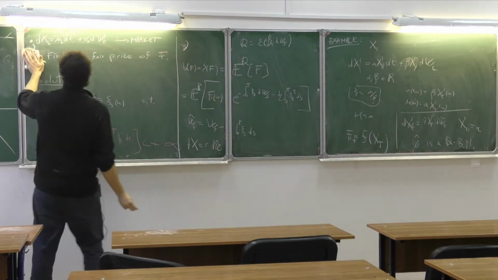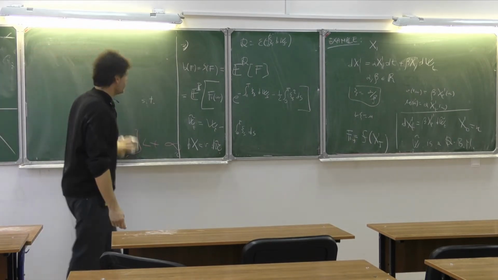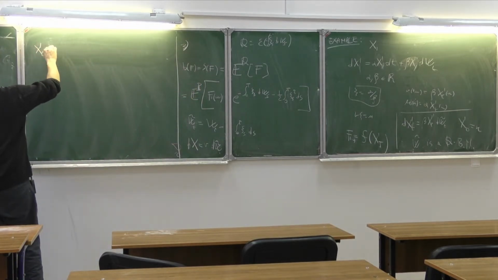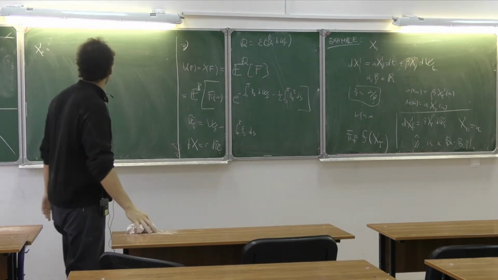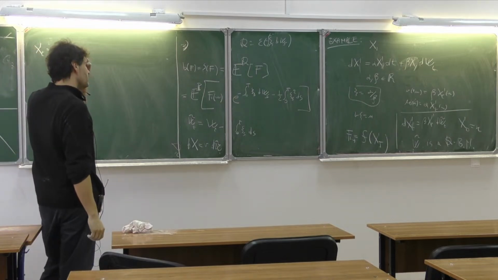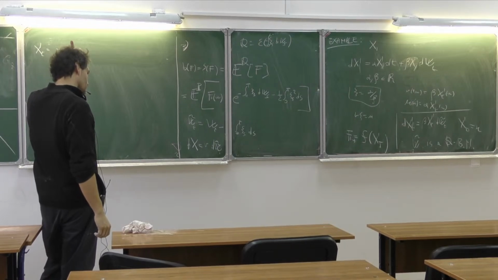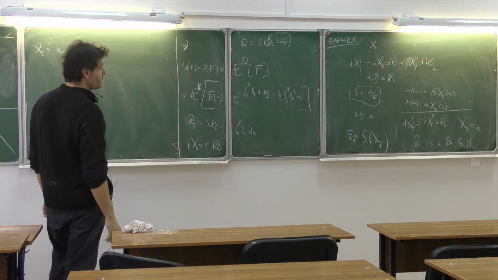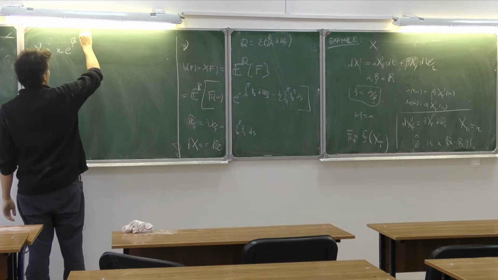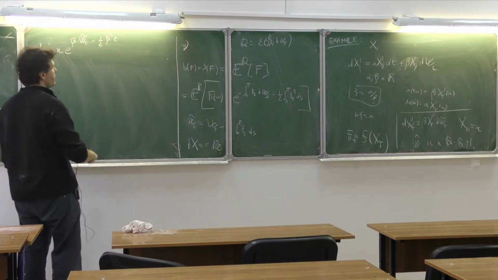Now, this simple problem has the nice feature that we can find the solution explicitly. x1 at time t will be small x, e to the beta w tilde t minus 1 half beta square t, if I'm not mistaken.